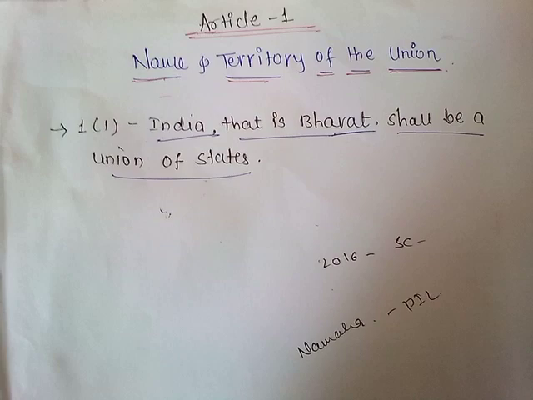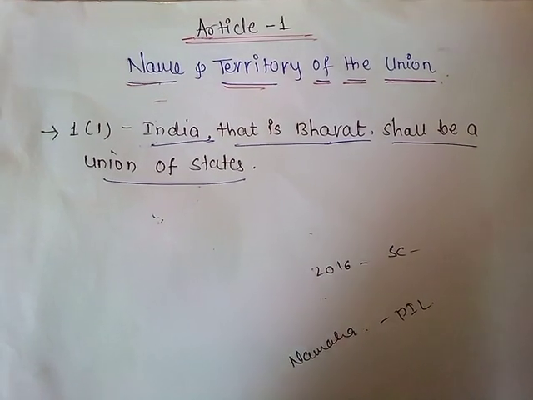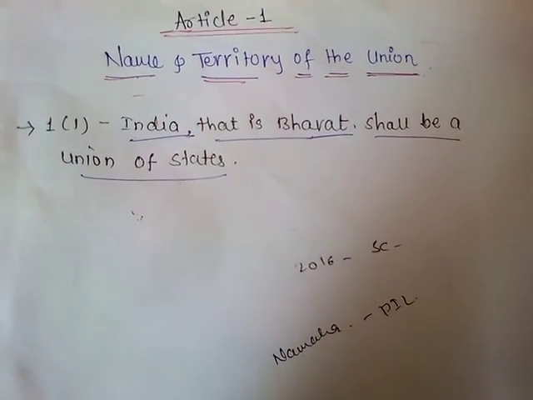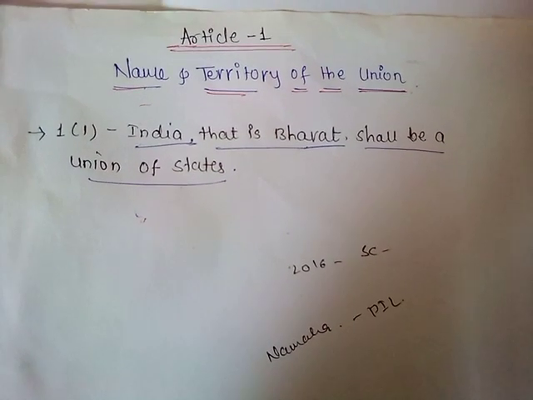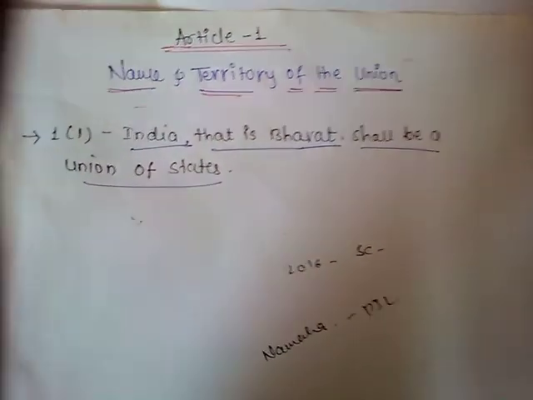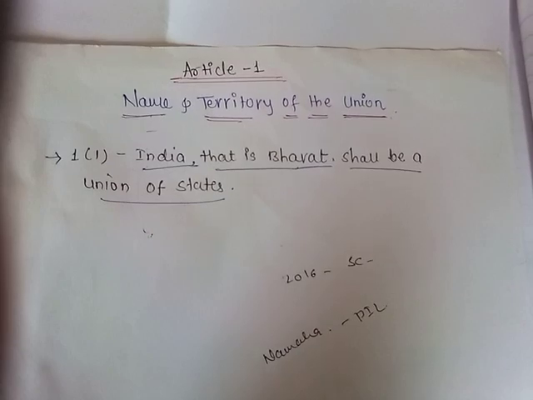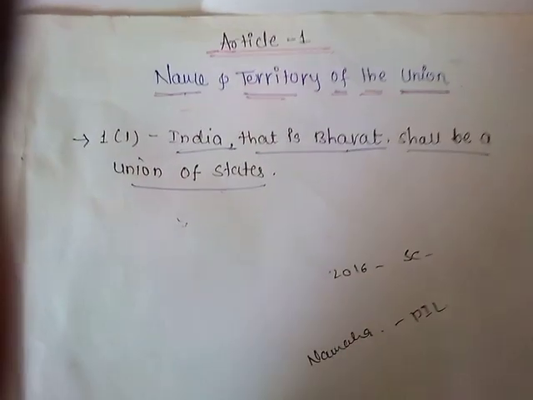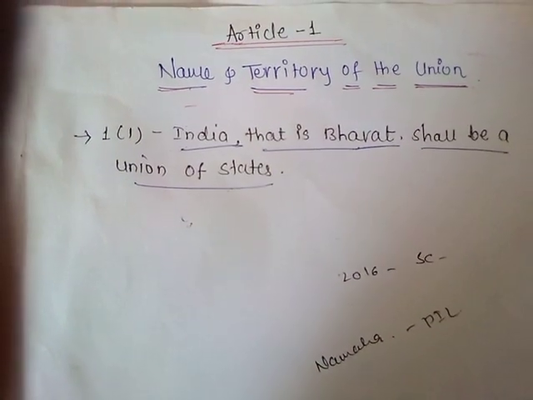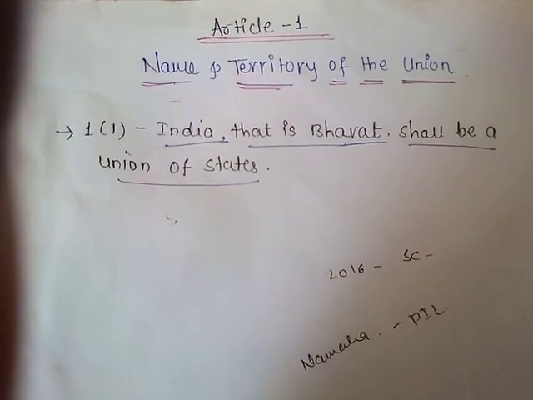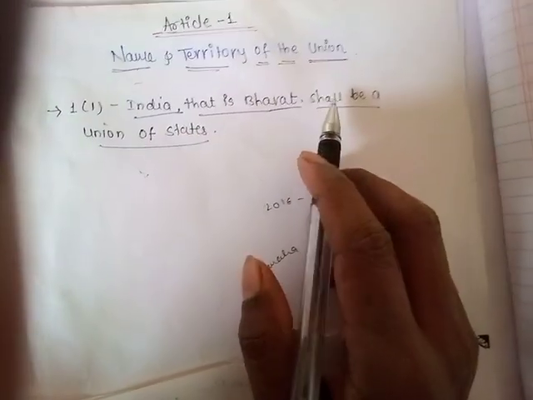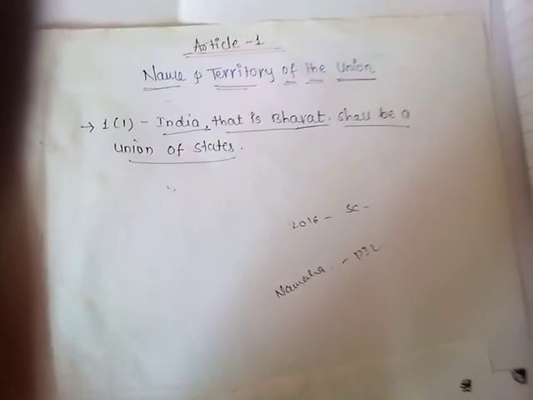Now we are almost again at India, that is Bharat. That is, we have a dual name, which reflects the glorious mix of modernity and tradition. Let's see Union of States.